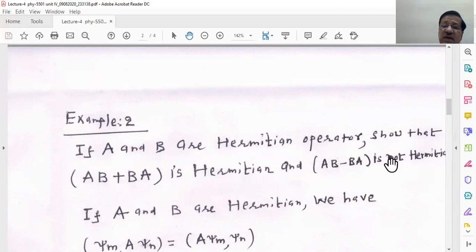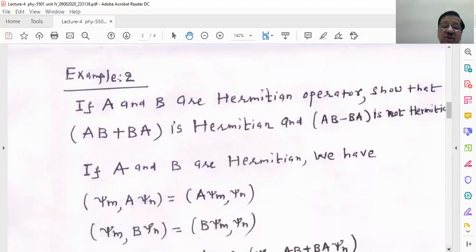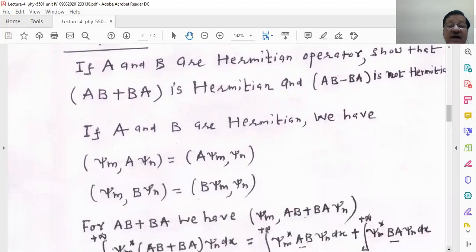First I will test the first term, that is, A operating on B plus B operating on A, is Hermitian. So let us take this problem and now we solve the condition. This is the condition which I wrote: if A is Hermitian, then this condition should be satisfied. The scalar product of psi m with A psi n should be equal to the scalar product of A psi m with psi n.